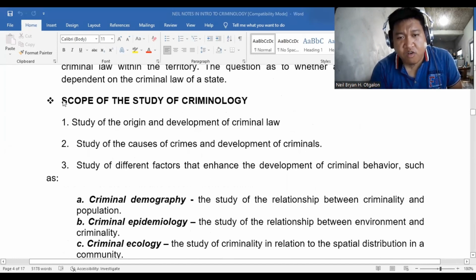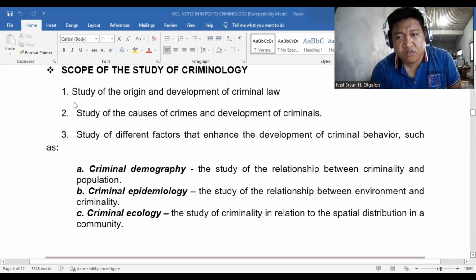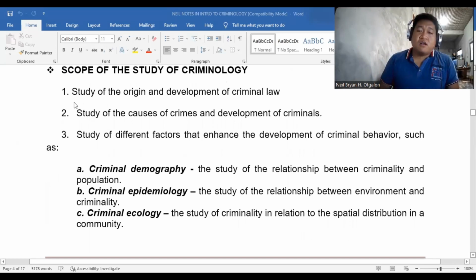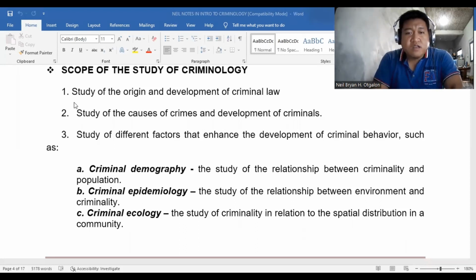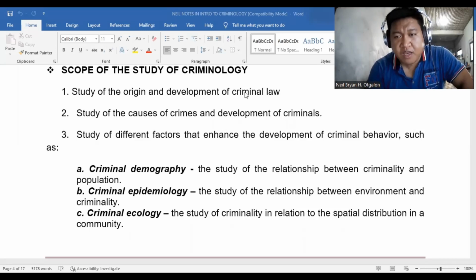The scope of study of criminology is in relation to what Sutherland and Cressey have said. The scope is number one, criminology studies the origin and development of criminal law. It also studies the causes of crimes and development of criminals. It seems related to the making of law, breaking, and reaction.